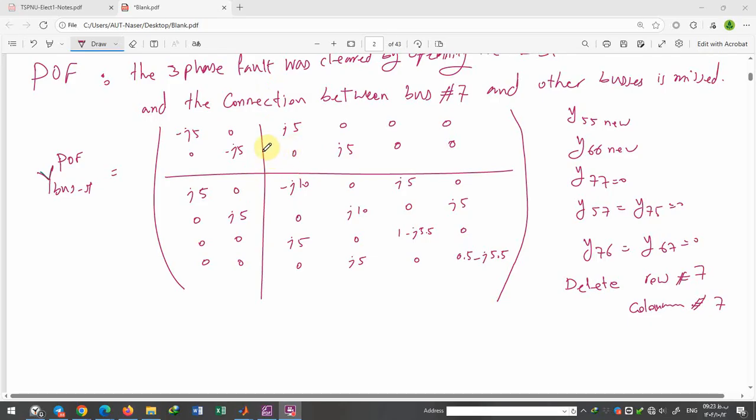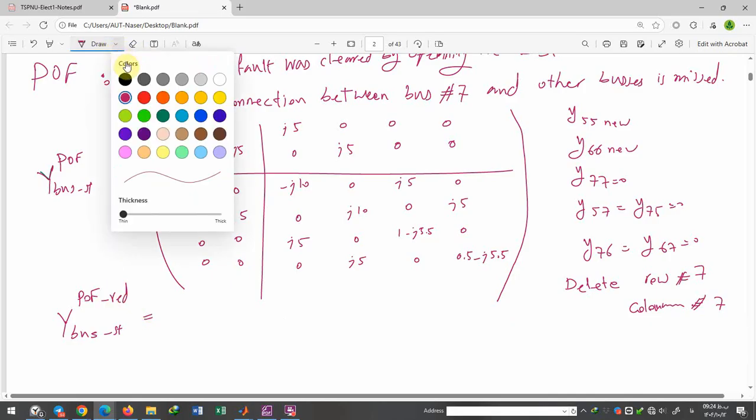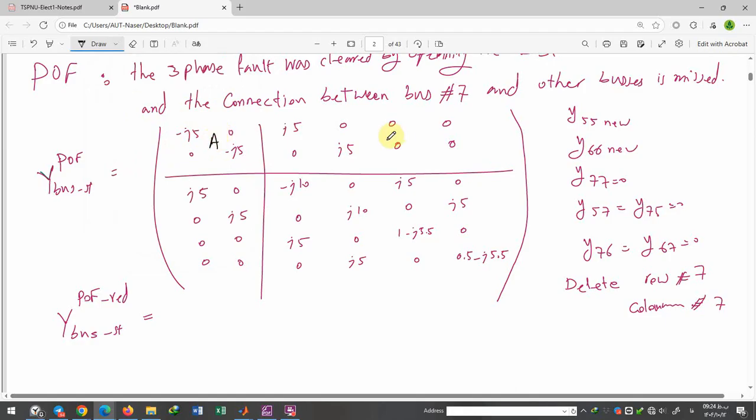And after that we have to calculate Y-bus stability post-fault and reduction. Its reduction requires the submatrices A, B, C, and D. But A is as before, B is changed, C and D are changed.